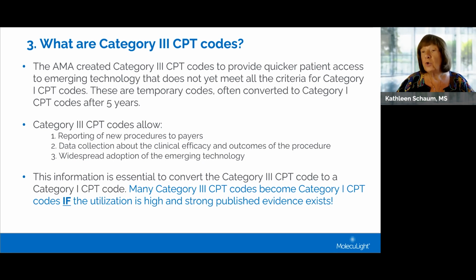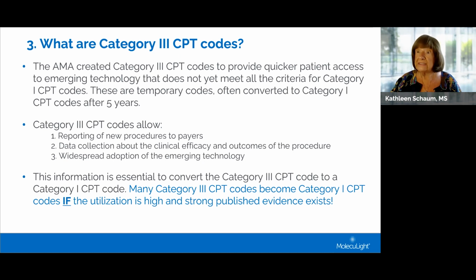Now, the Category 3 codes allow reporting of new procedures to payers, data collection about the clinical efficacy and outcomes of the procedure, and provide the opportunity to demonstrate widespread adoption of the emerging technology.